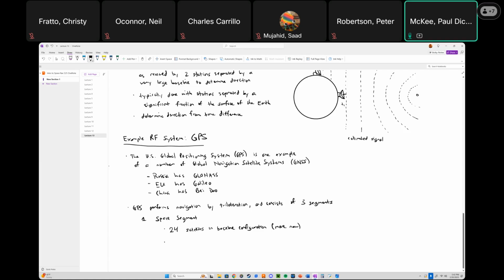The satellites are in near circular 12-hour orbits. They have a 55-degree inclination.